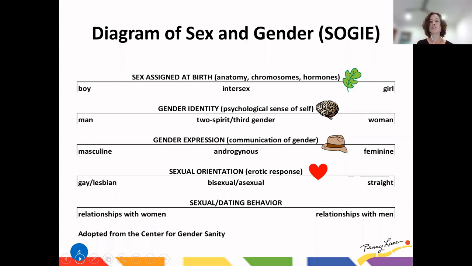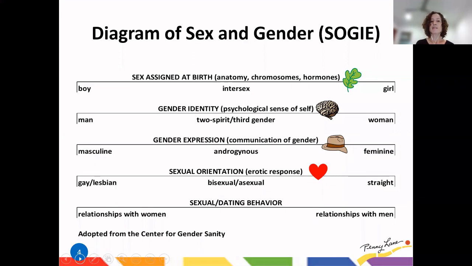Just like gender identity doesn't necessarily match gender expression. For example, I could put on a suit and tie and I would still be a woman. By the same token, sexual or dating behavior doesn't necessarily have to correspond with sexual orientation. For example, I have a friend who's a woman and she's married to a man.